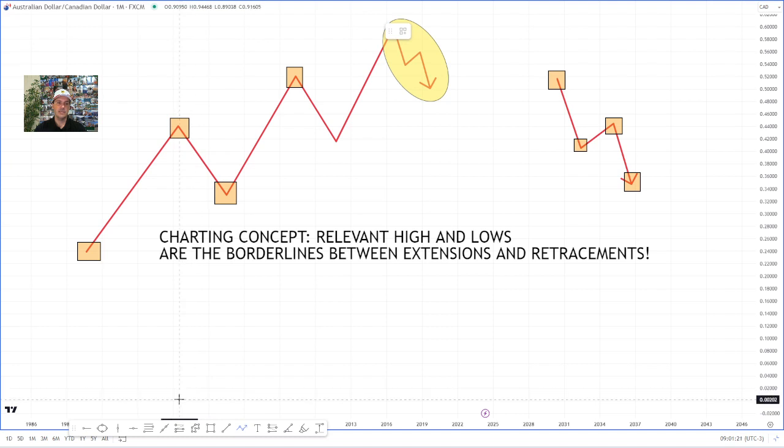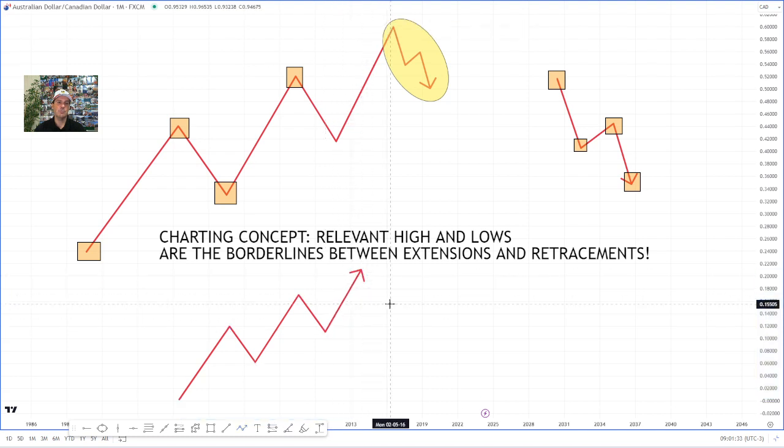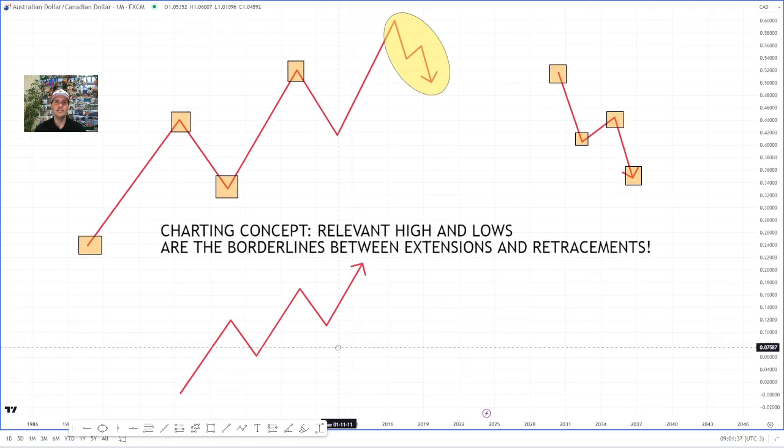So in an uptrend the market is going to extend, then retrace, then extend, then retrace, and then extend. This is how the market moves. This is the only certainty that you have in the financial markets: in order to move, the market must wave. Okay?